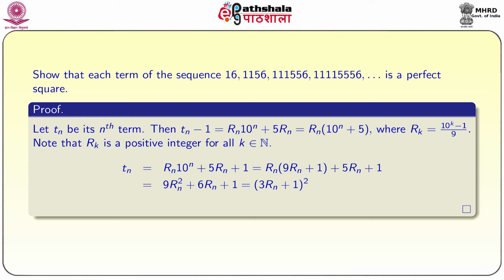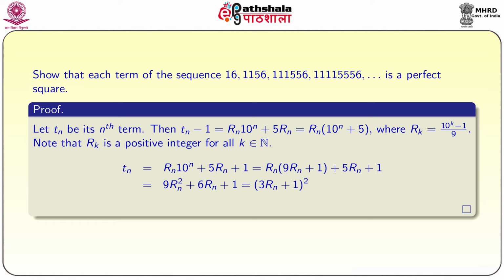For that we will proceed like this. Let T_n be the nth term of the sequence, then T_n minus 1 is equal to R_n into 10 power n plus 5 into R_n, which is equal to R_n into (10 power n plus 5). Here R_k is equal to (10 power k minus 1) by 9.